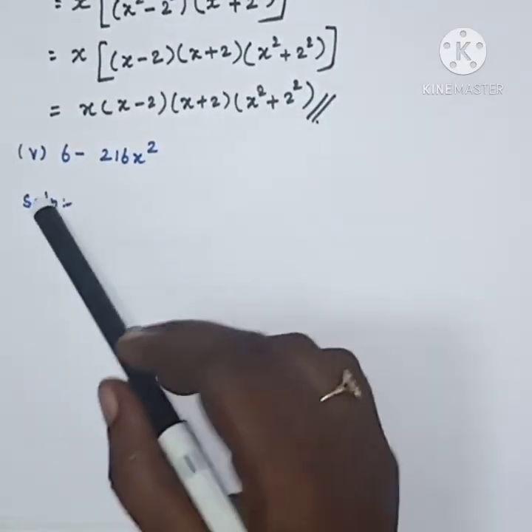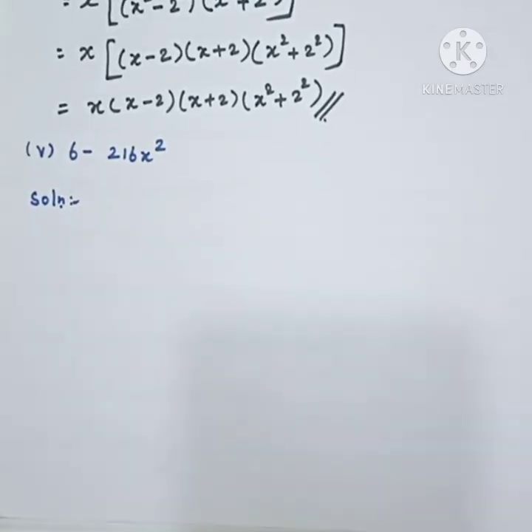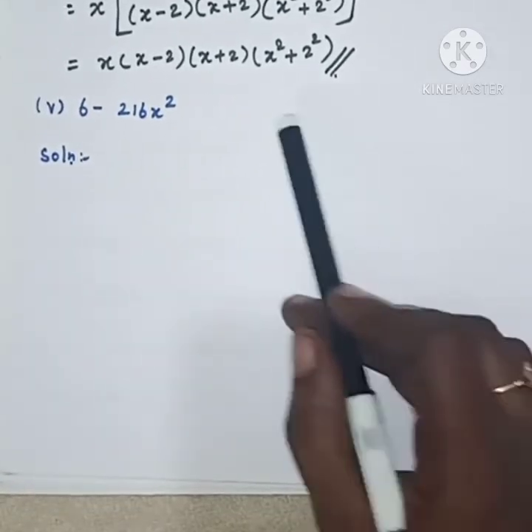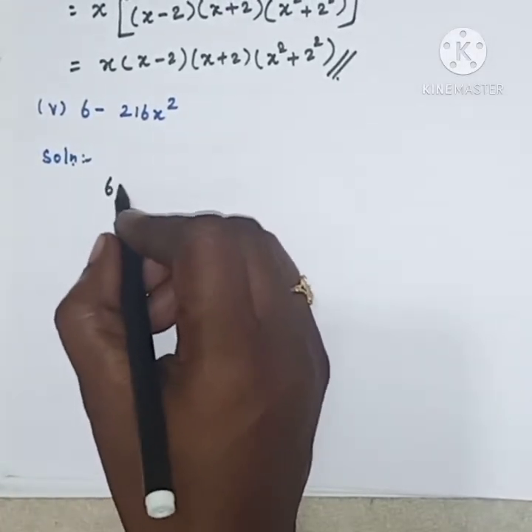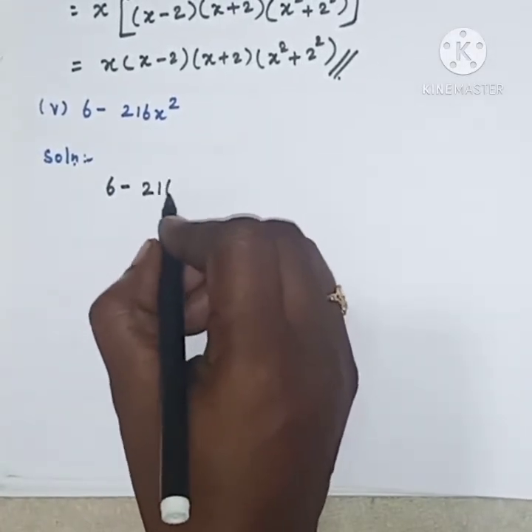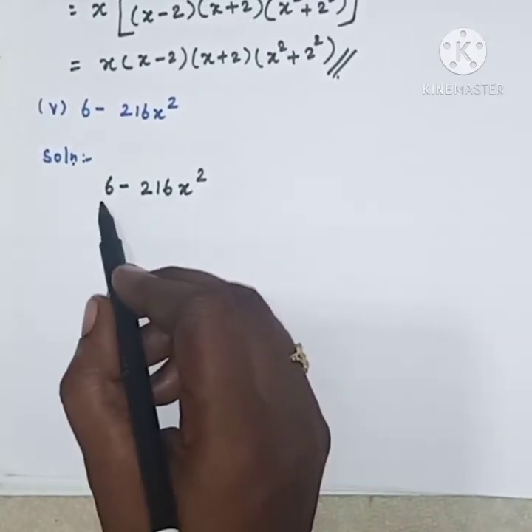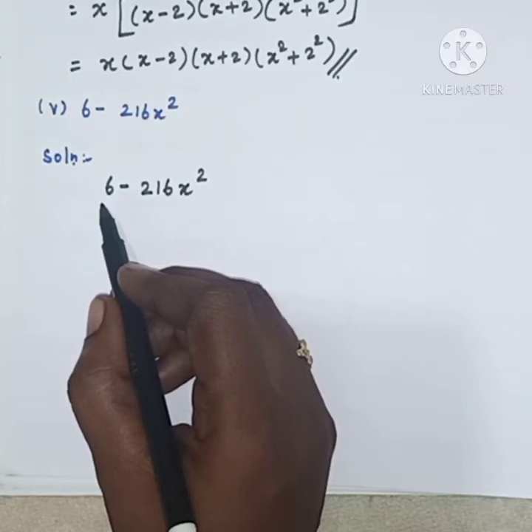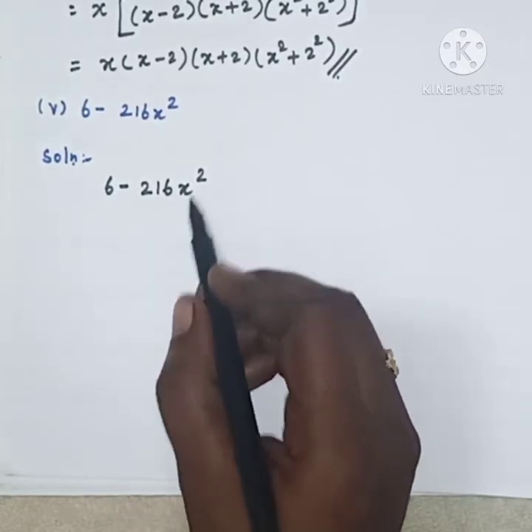Second sum, fifth subdivision. Factorize 6 minus 216 x square. So here we have two terms. The first term is 6, and then the second term is 216 x square.